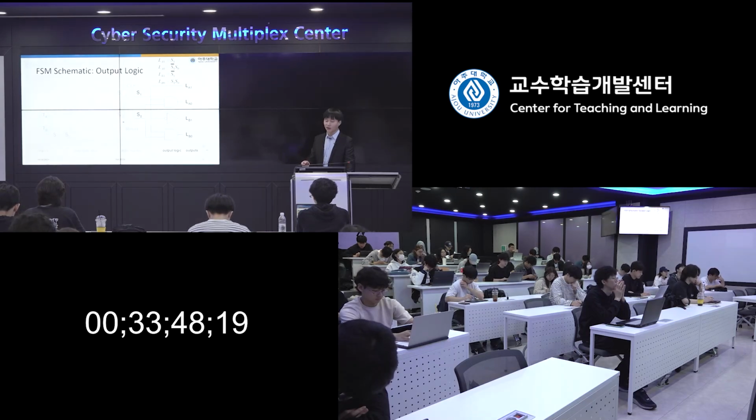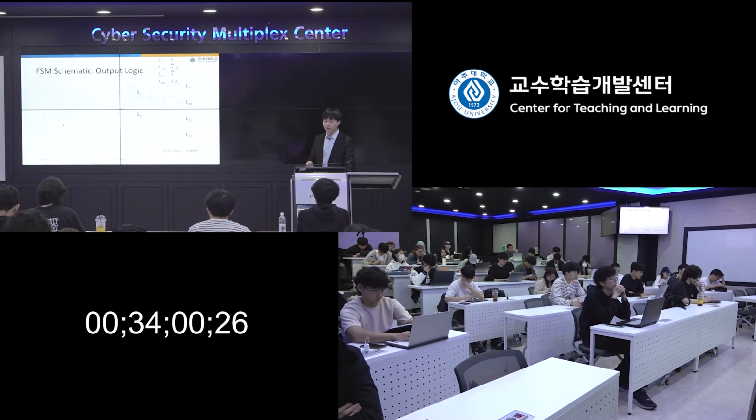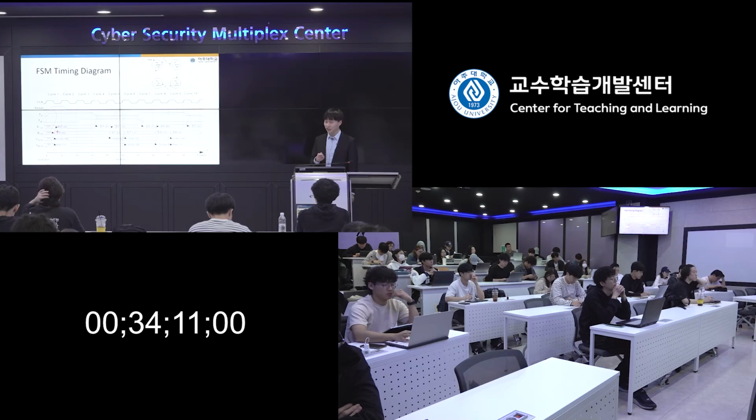So it will also immediately affect S prime in the next state, because there's no register. This is a combinational logic circuit. The change of input will immediately be shown in these two nodes. So the S prime will immediately show an update.